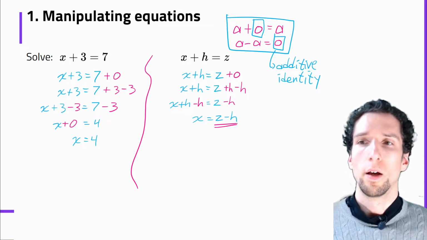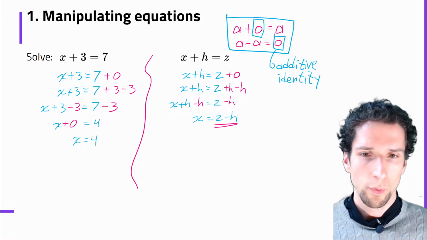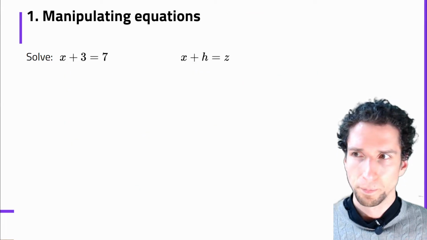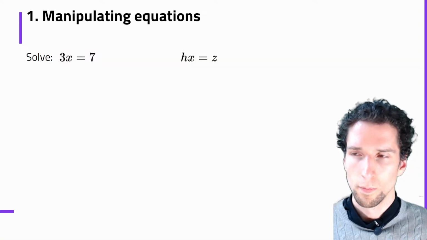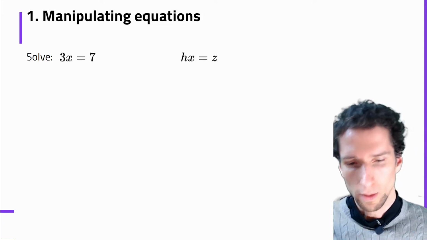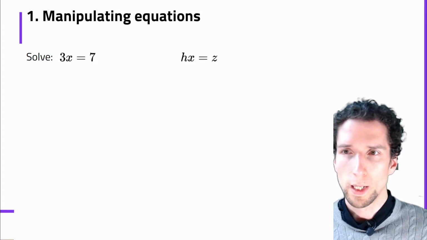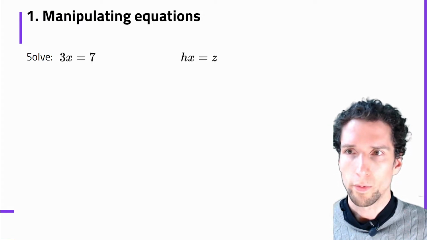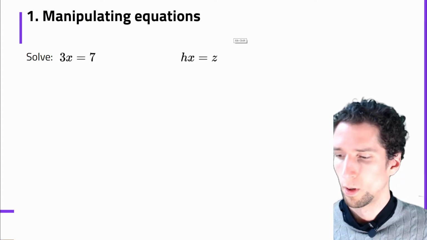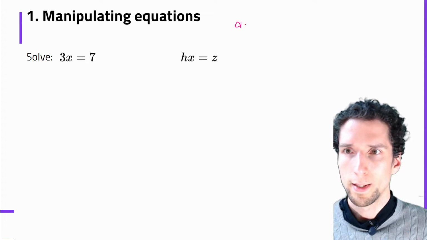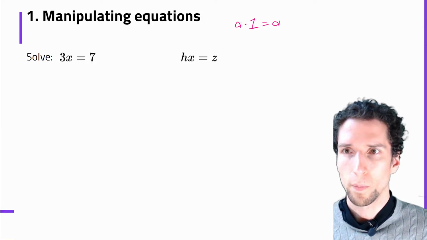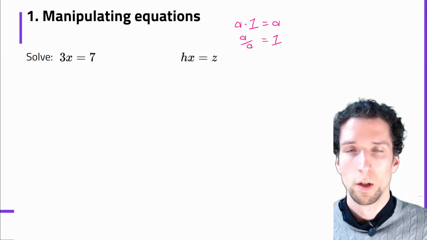All right, let's do the same thing for multiplication. I'll do it a little faster, but it's going to be almost the exact same thing, except here instead of 0, we have this: a times 1 is equal to a, and also a divided by a is equal to 1.